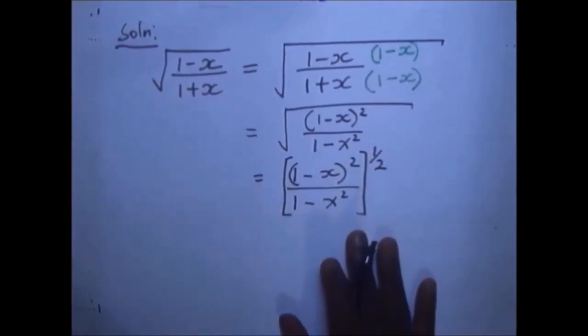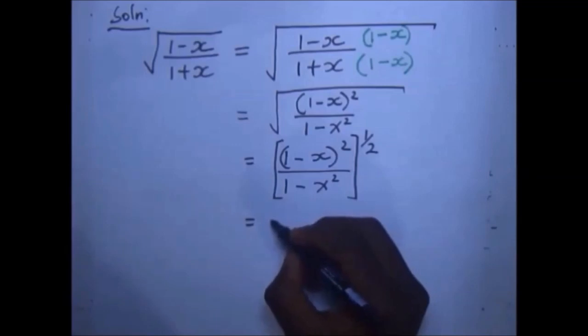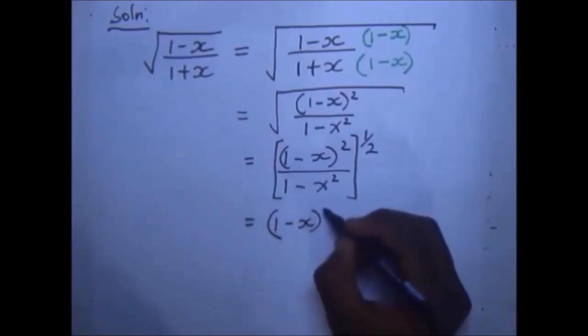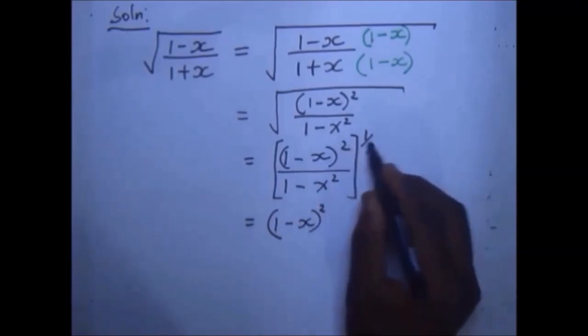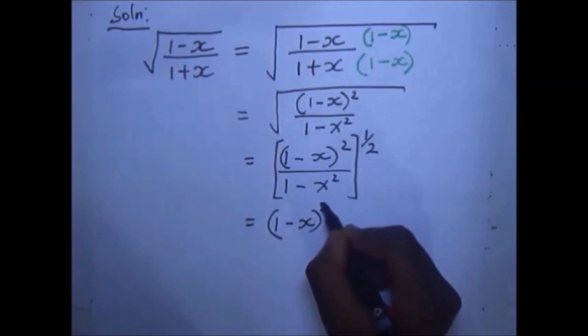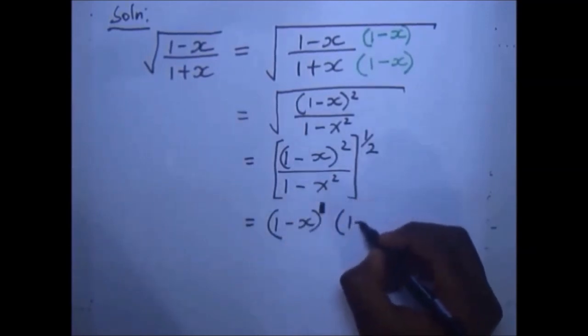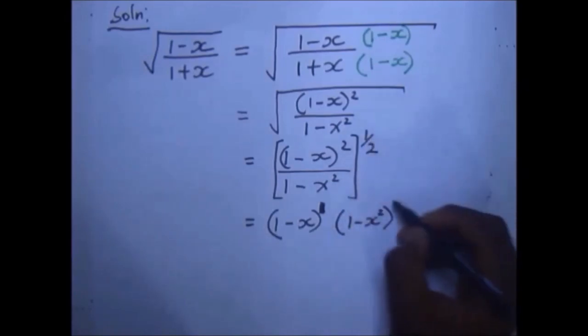So that being to the power a half means it's going to become 1 minus x to the power 1, times 1 minus x squared to the power negative a half, since half times 2 is going to give us 1.